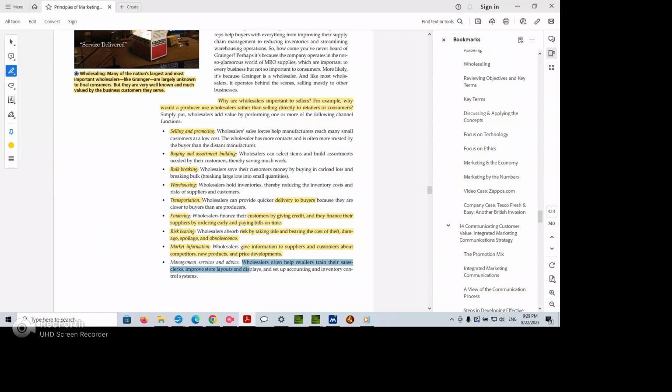Also, management services and advice. Wholesalers often help retailers train their sales clerks and layout supplies to set up accounting and inventory control systems. So that is a value-added service that they do offer.